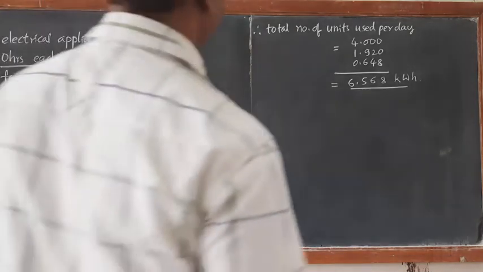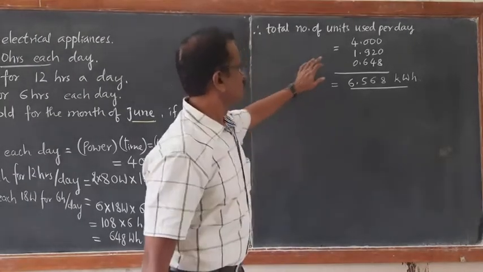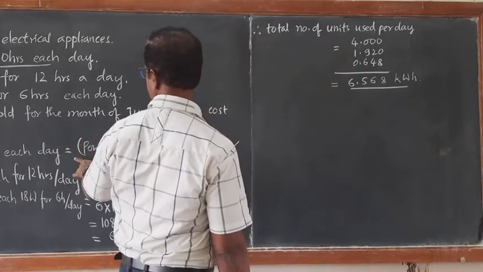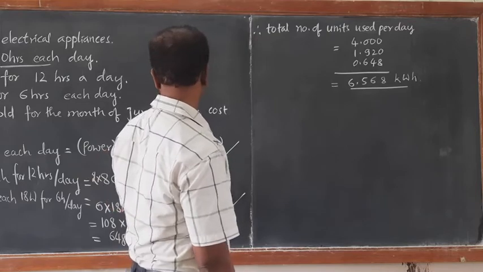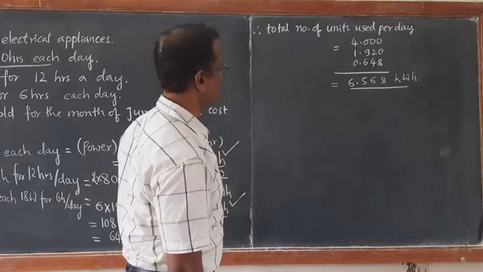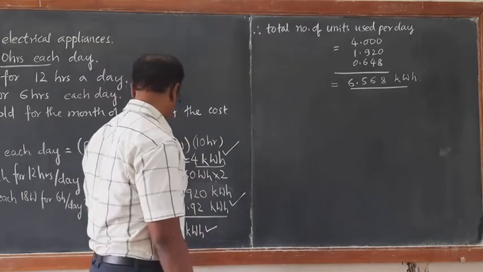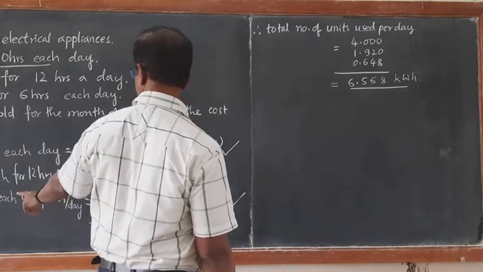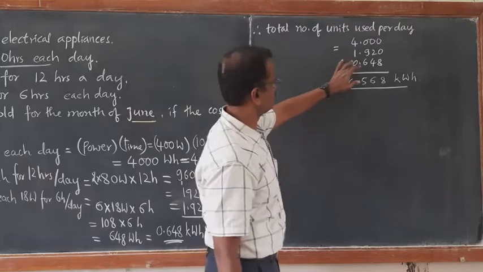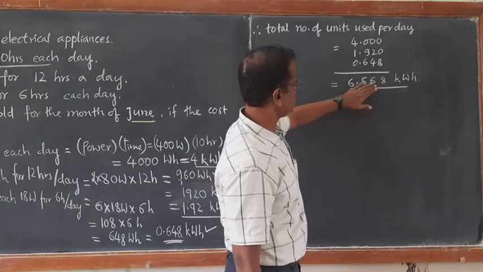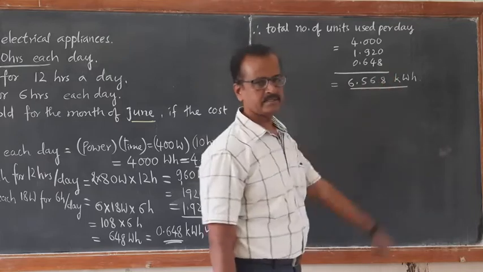Therefore, total units used per day: 4 units of refrigerator, then 1.92 units of fans, and 0.648 unit of tube lights. If you add this, it comes out to be 6.568 kilowatt hours.